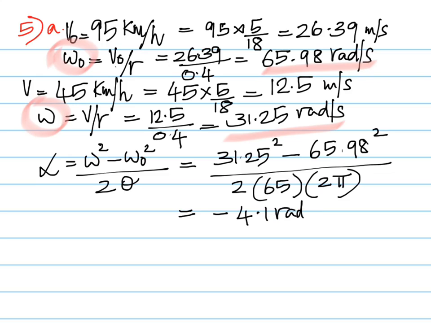So you find alpha using this form. Omega squared minus omega naught squared by 2 theta. Again, I'm telling you that you find the 2 theta there. 65 times 2 pi is the total angle. Right? Okay.